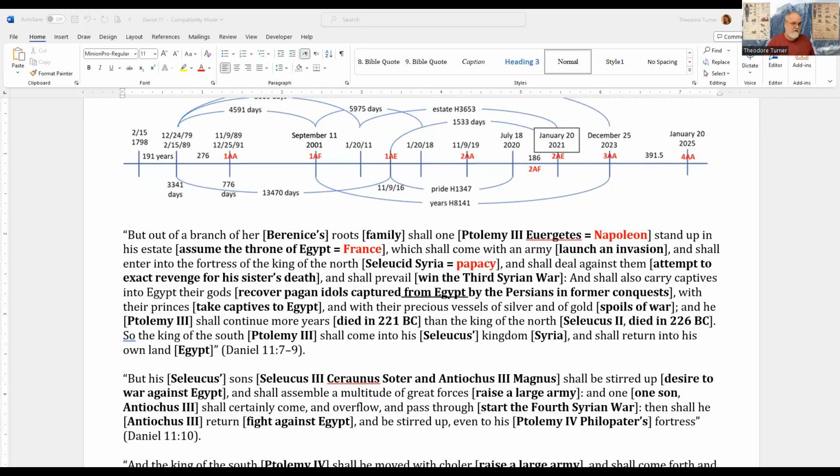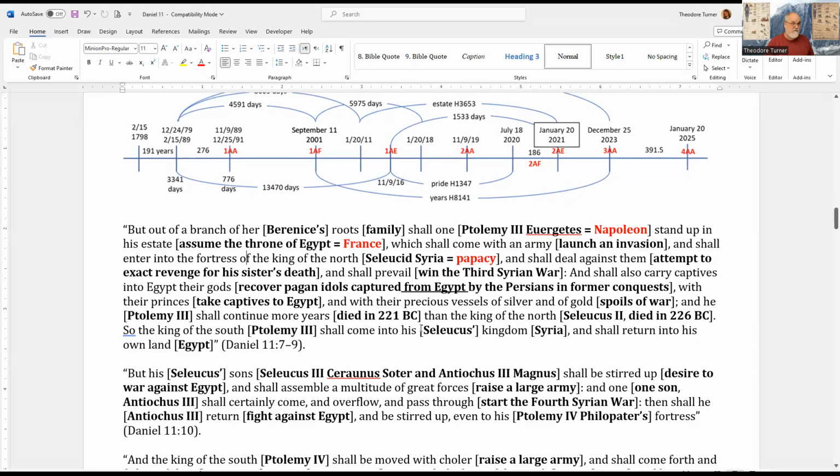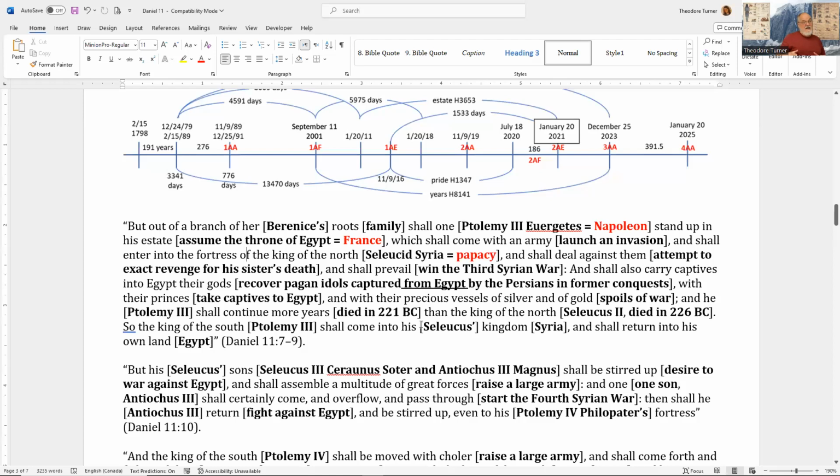So we're saying that this is Biden, right? If that's the case, then we definitely are taking this history and laying it over top of the history that we just did. If we're going to put this here, Berenice's roots, this again is wokeism.